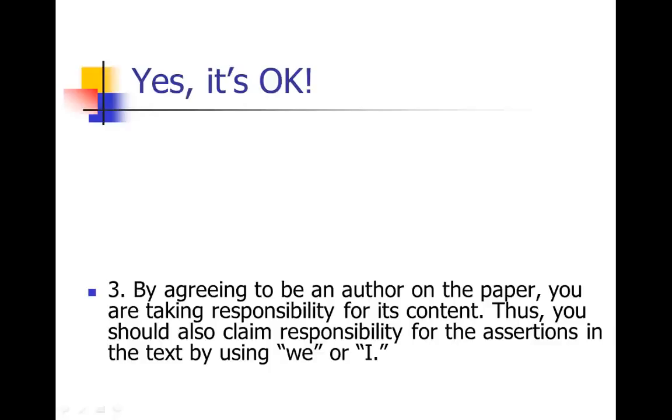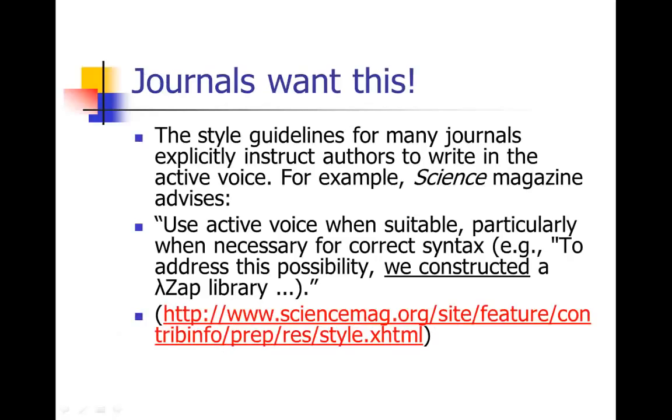Now, maybe you're not convinced by any of those reasons, so I'm going to give you a much more practical reason why you want to use we or I. And that's simply that this is what journals actually want you to do. Journal editors recognize that the active voice is much easier to read, and they want people to read their magazines, their journals.